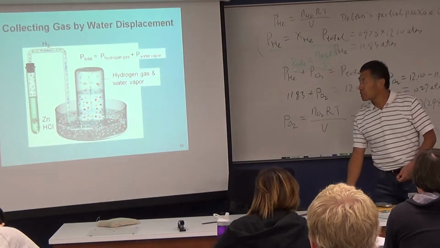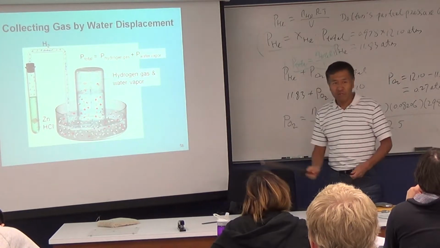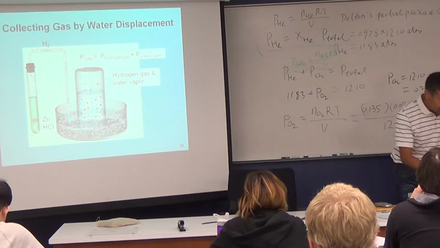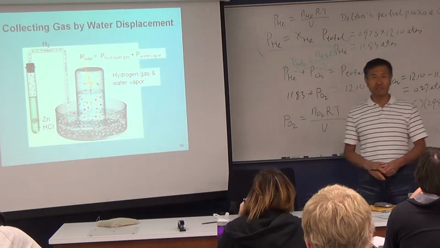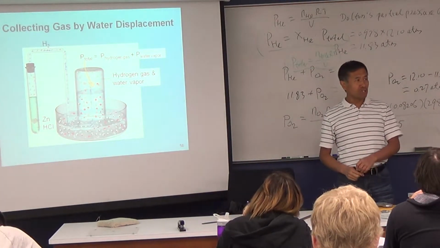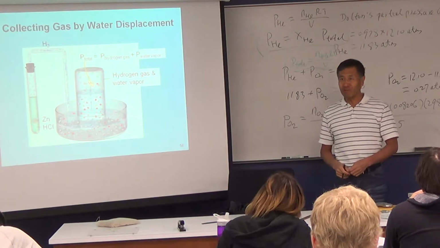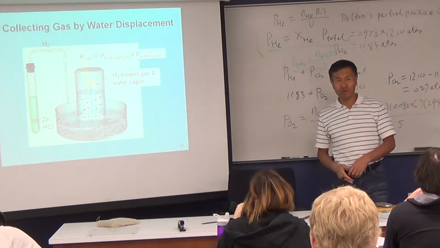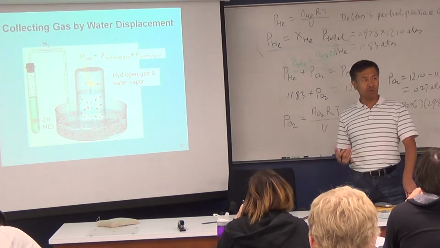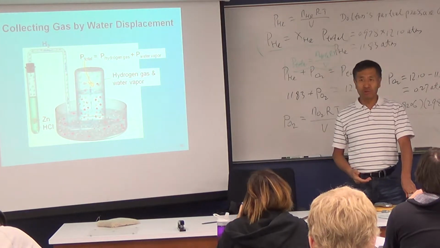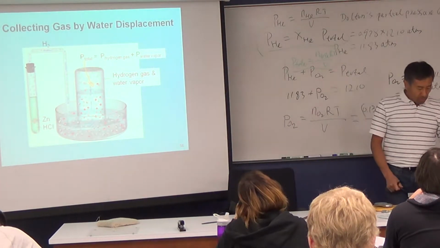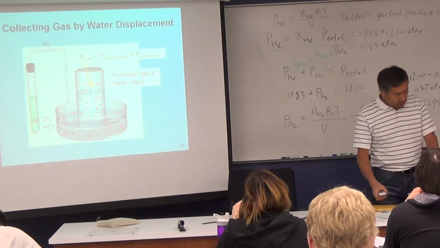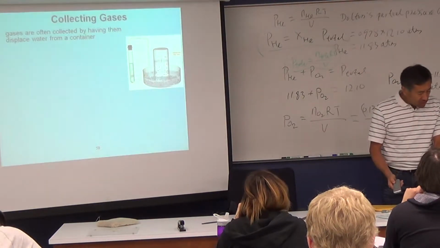So this total here is the total pressure, which means the pressure of that gas mixture. It's not really easy to identify that it is a gas mixture because you don't know there's also water vapor. You know that you're collecting H2. So let's keep that in mind.